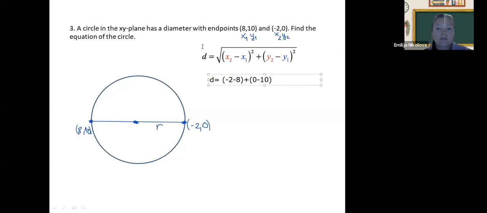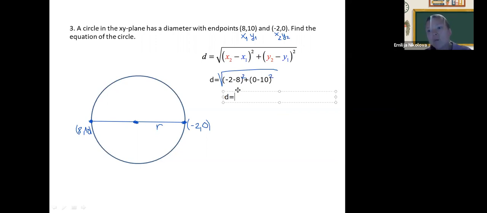So let me just write down. So this is squared, and we have square root on top of it. So we will have that the diameter, the length, will equal to minus 2 minus 8. That is, both are with the same sign.